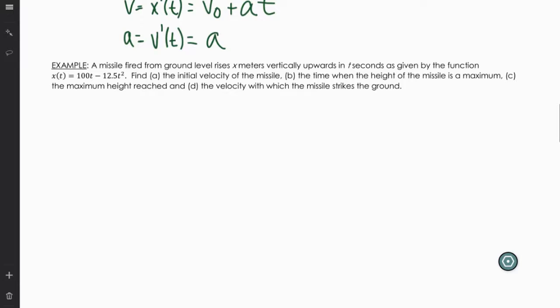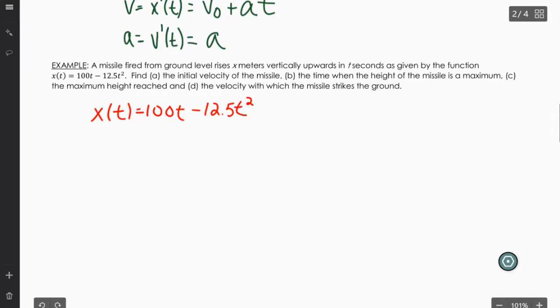So if a missile fired from ground level rises x meters vertically upwards in t seconds as given by the function x of t equals 100t minus 12.5t squared, we're going to find the initial velocity of the missile, the time when the height of the missile is a maximum, then the maximum height reached, and then the velocity with which the missile strikes the ground. So we're going to treat this as a math problem, using calculus.